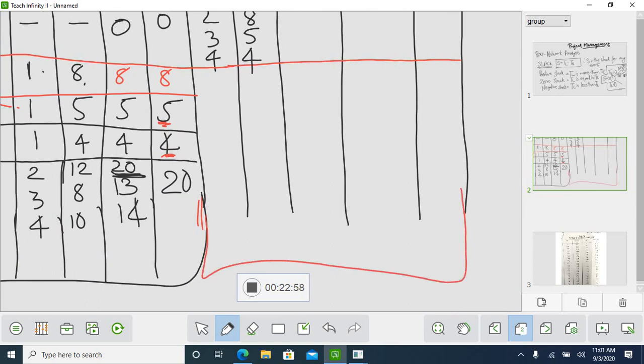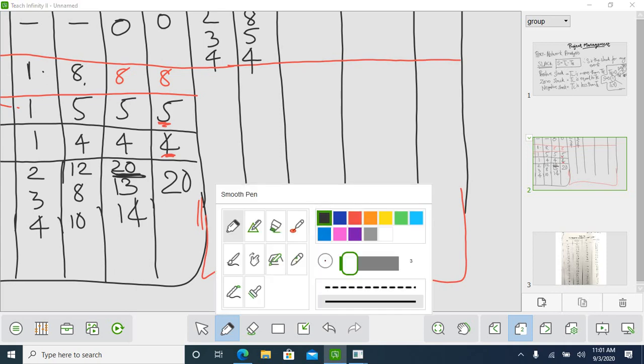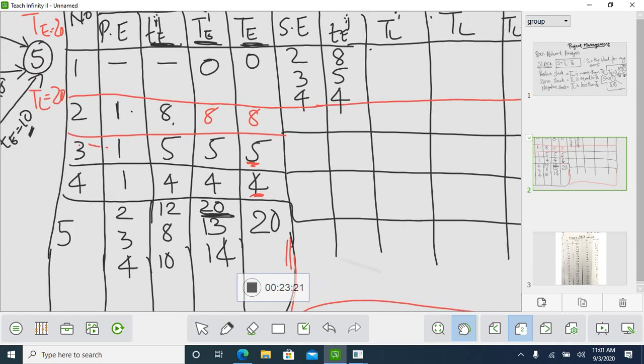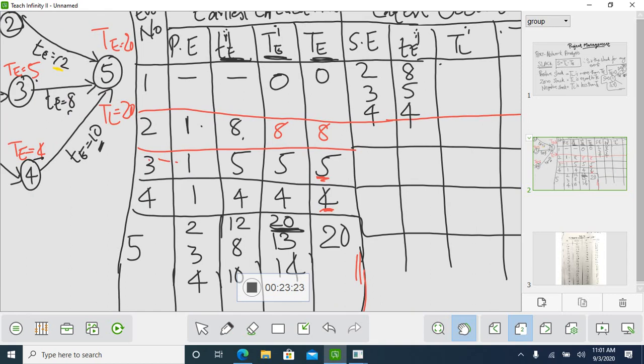For the event 5, what is your successor event? What is successor? Is there anything after 5? So that is called as successor. So if you take 5, you don't have any event after 5.